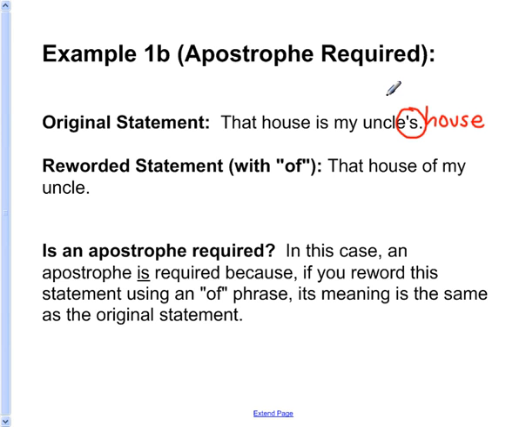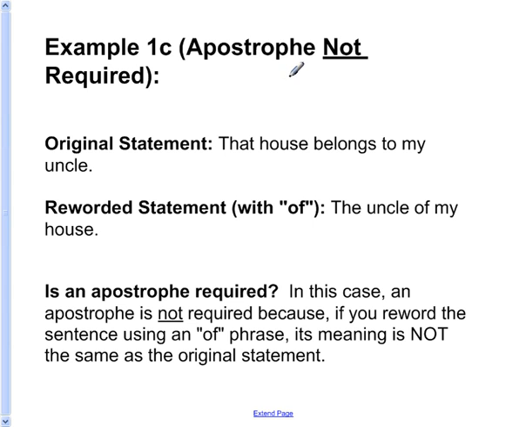Let's reverse the owner, the uncle, and the item being owned, the house, and put the preposition "of" between them. That house of my uncle. Yes, that reworded statement, the of test, is saying exactly the same thing as "that house is my uncle's," or "that house is my uncle's house." Therefore, an apostrophe S is necessary. Possession does exist.